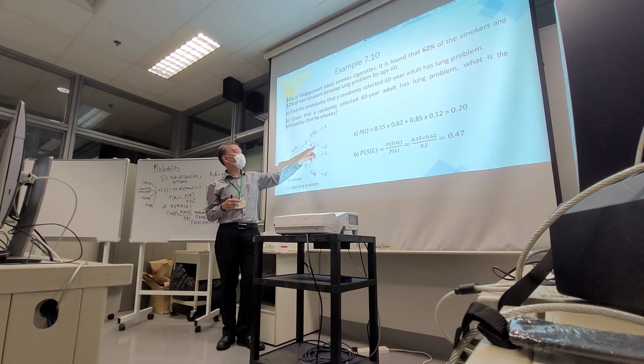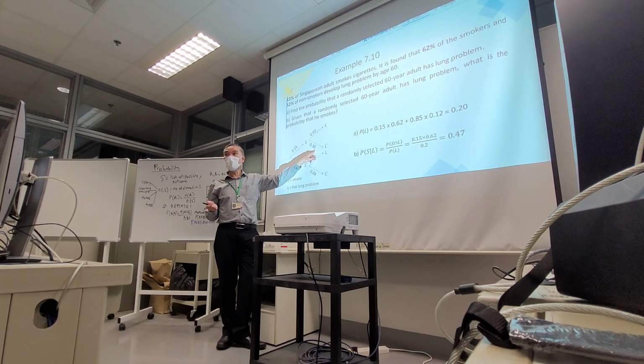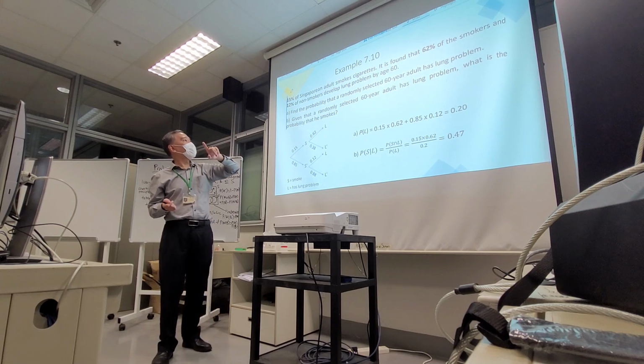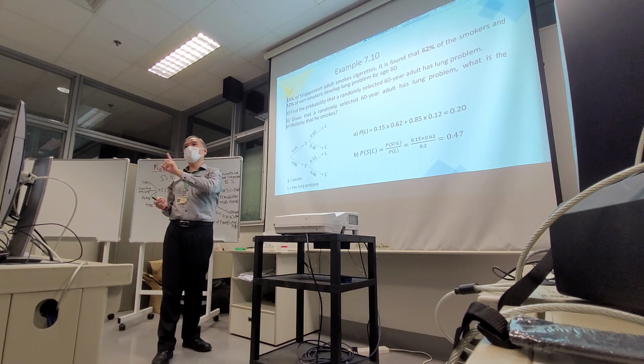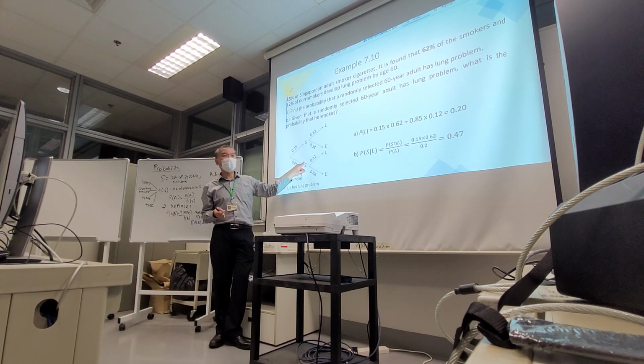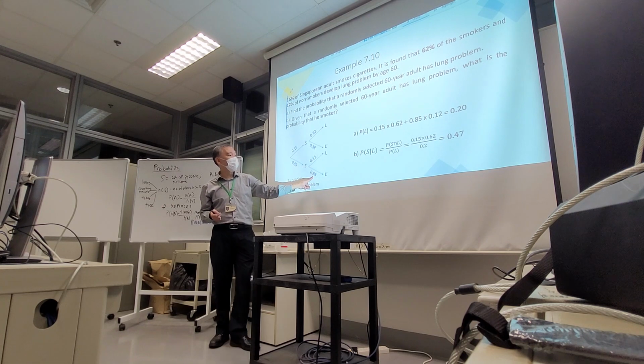And then this one, you just take 1 minus 62, which is 38%. If I'm not a smoker, I have a 12% chance to develop a lung problem. So if I don't have a lung problem, that will be 88%.